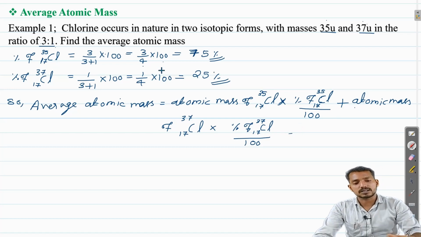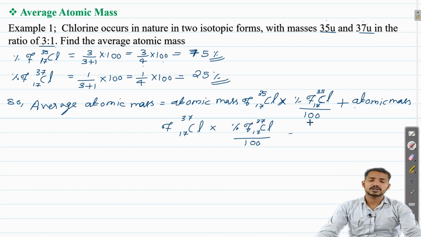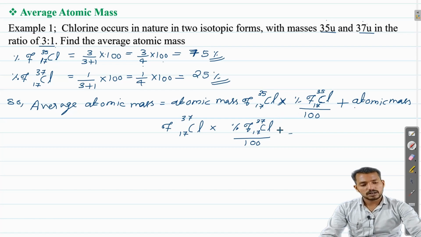Note that because it has only 2 isotopes, we don't need to go for the next one. So our formula is complete.